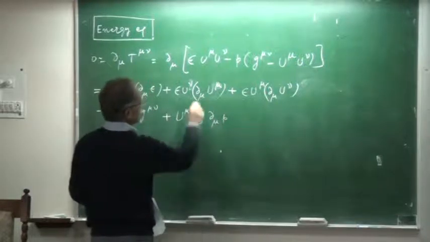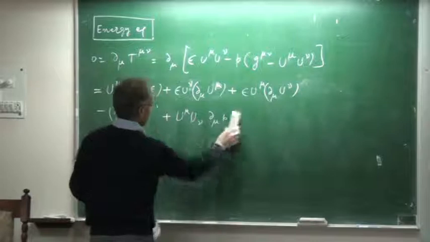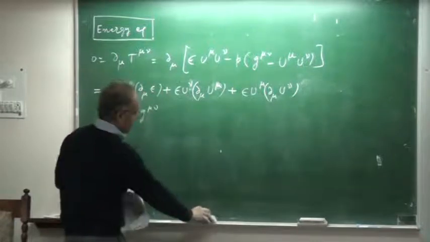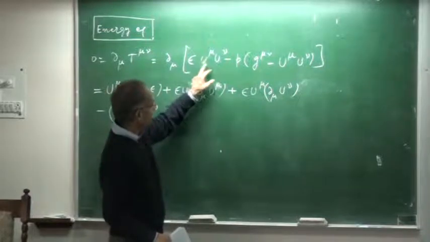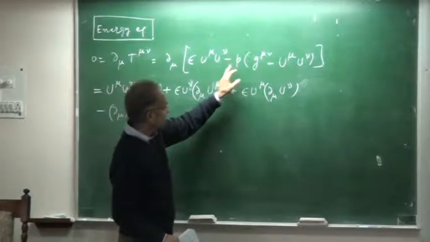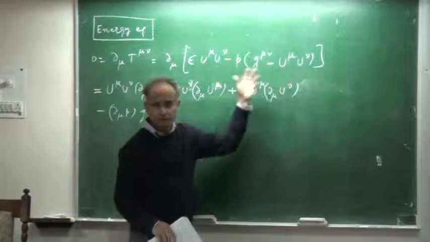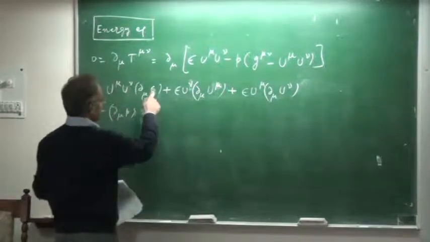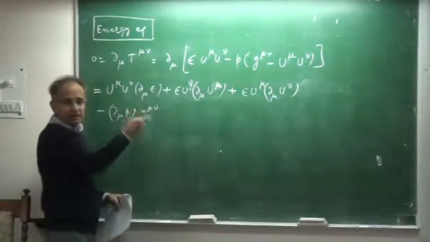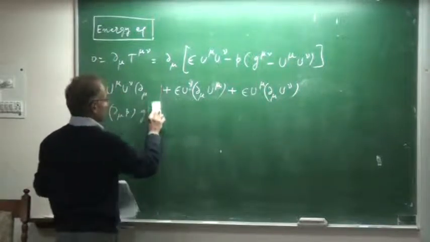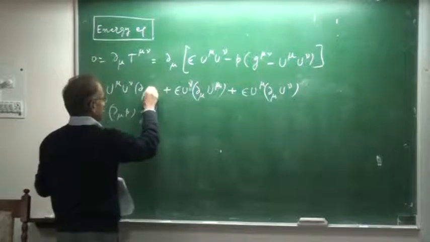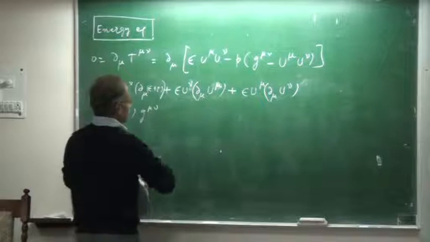It's similar to the first term, so I can actually look at the first term and the third term. The first term was epsilon u mu u nu, and the last term is plus p u mu u nu, the same thing. So I can simply replace wherever there is epsilon, I can write epsilon plus p. So let me replace here. Epsilon plus p. Here.